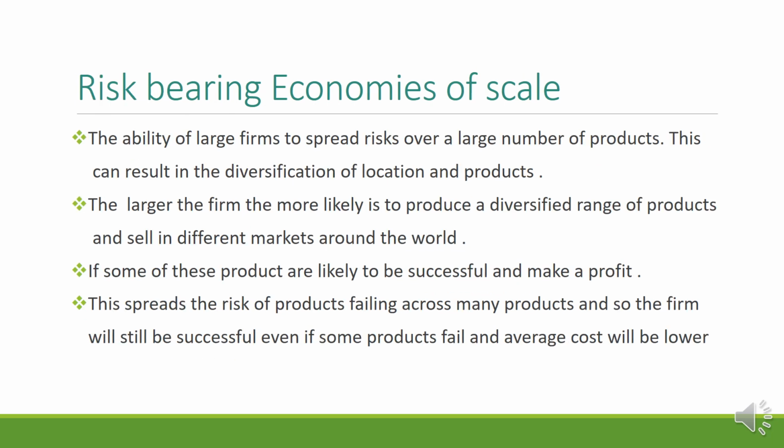The next type of economies of scale is risk-bearing economies of scale. Risk-bearing economies of scale means the company is producing a larger number of products, so they spread their risk across different products. For example, it is the ability of large firms to spread the risk over a large number of products. This can result in diversification of location and products.